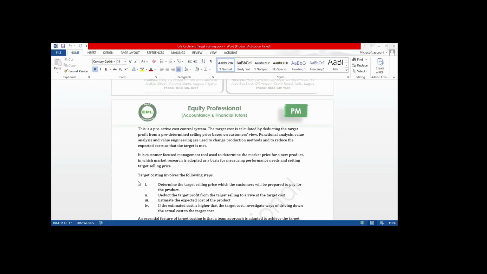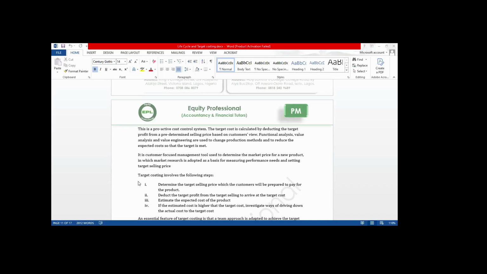Value analysis is to try to determine the activities that are adding value to the product, and also determine activities that are not adding value to the product. Value analysis will enable us to know value added activities and non-value added activities.